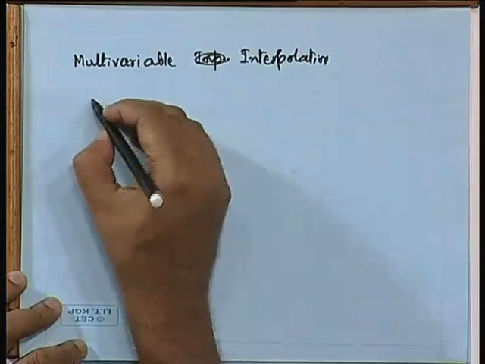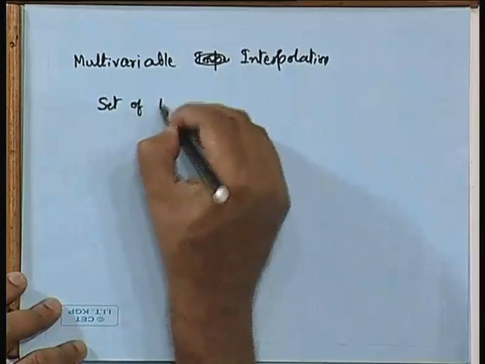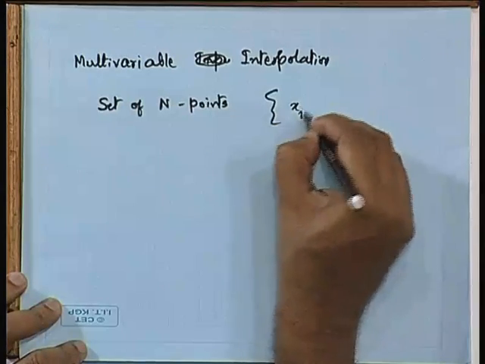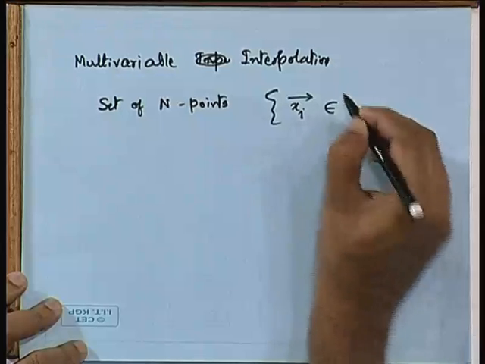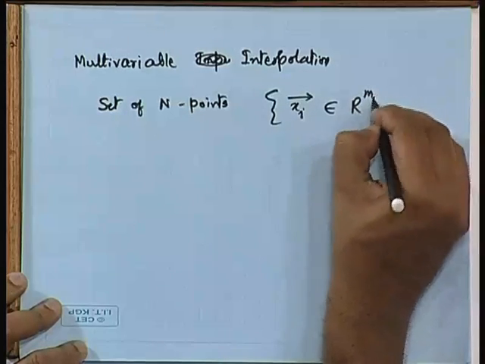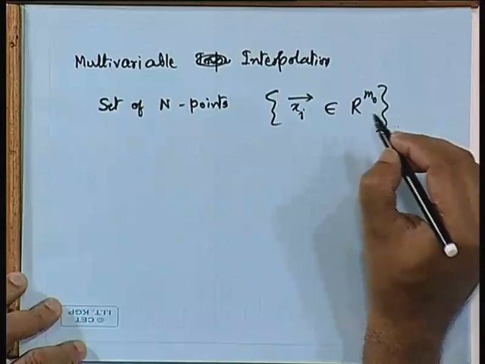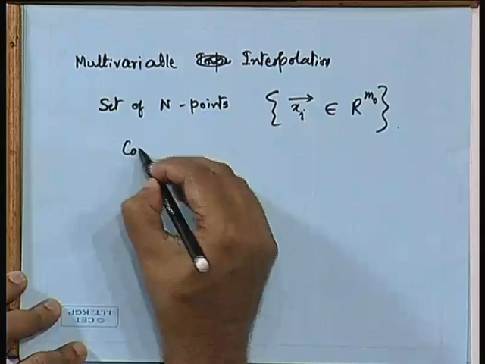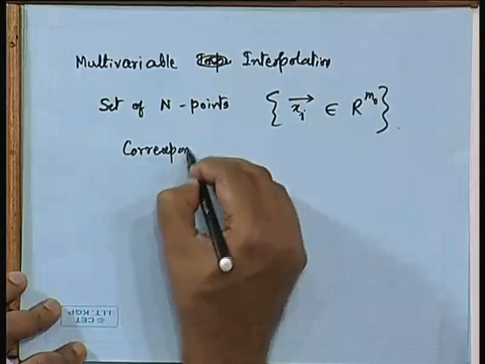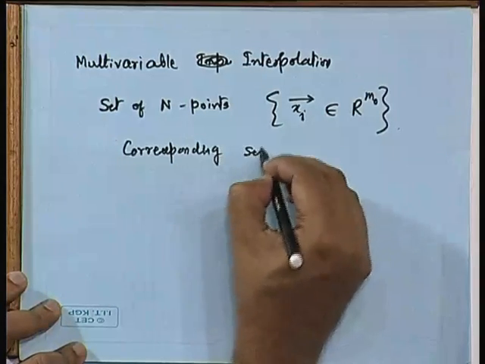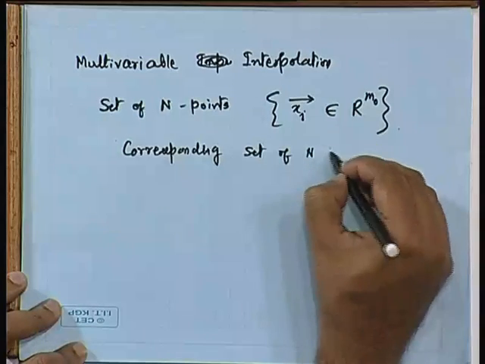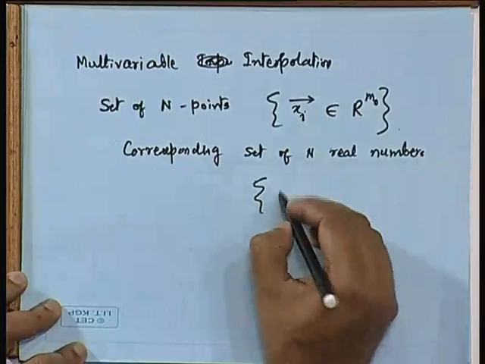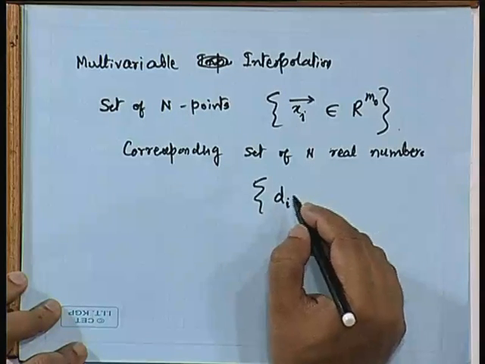So, we have got a set of n different points, which constitutes this set. So, the set of xi belongs to the M0 dimensional space, because M0 is the dimensionality of the inputs, and we also take a corresponding set of n real numbers, the corresponding set of di's.